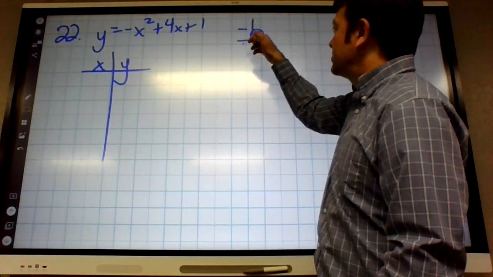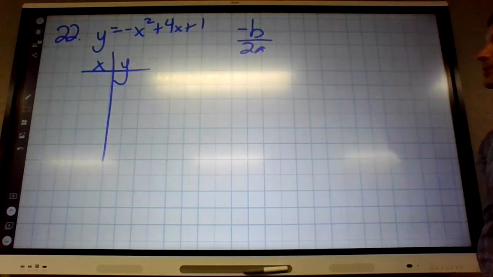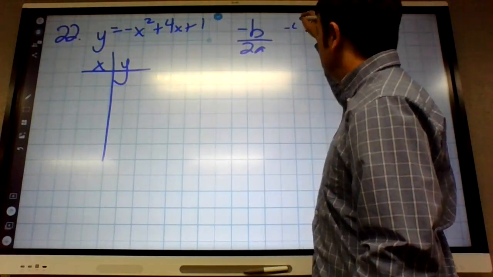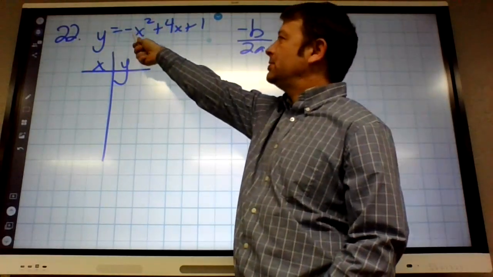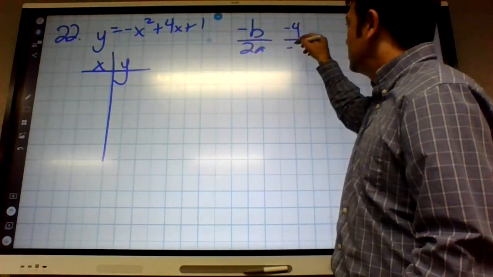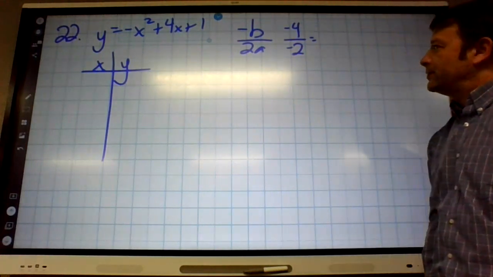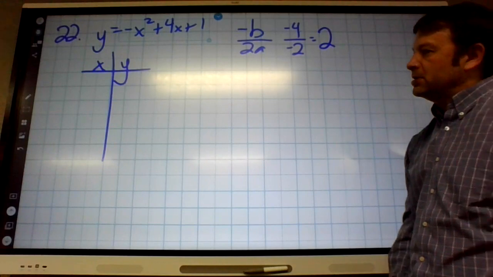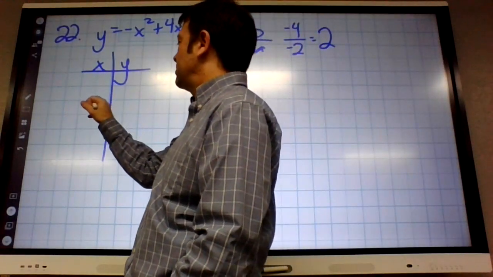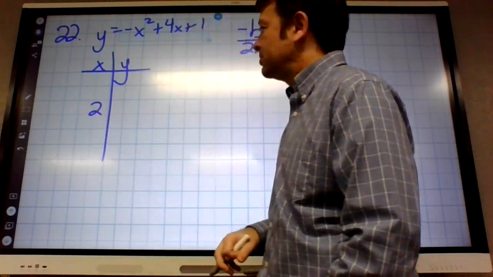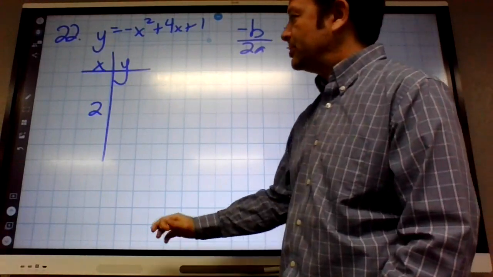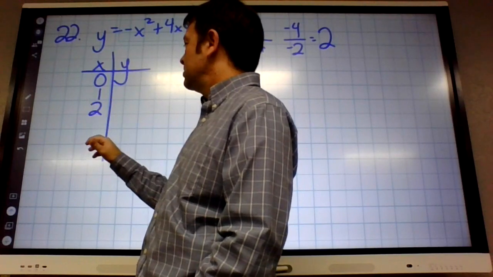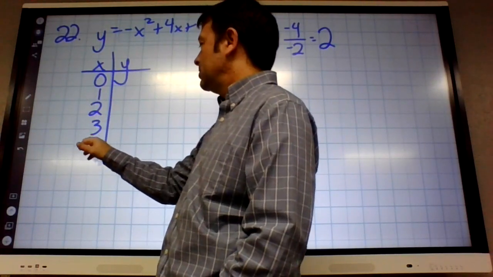Negative b over 2a, that'll help me find the middle of the graph. So negative b is -4. 2 times a is 2 times -1. And -4 over -2 is 2. So that tells me that the vertex is at x equals 2. So what numbers should I put around that? 0, 1, 3, 4.